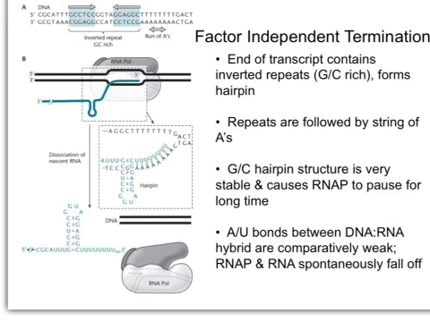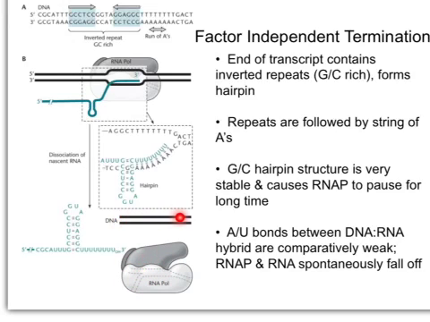And these bonds are comparatively weak bonds because they have only 2 hydrogen bonds. So because the AU bonds between DNA and RNA are weak, and the RNA polymerase is paused because of the stem loop structure, RNA polymerase and RNA spontaneously separate, causing RNA polymerase to fall off.